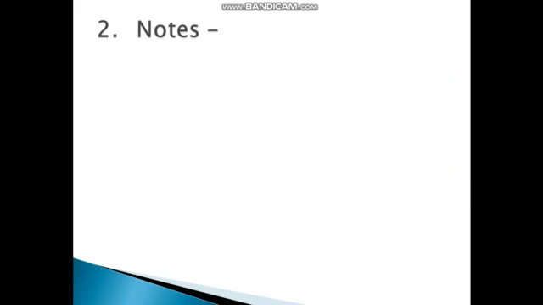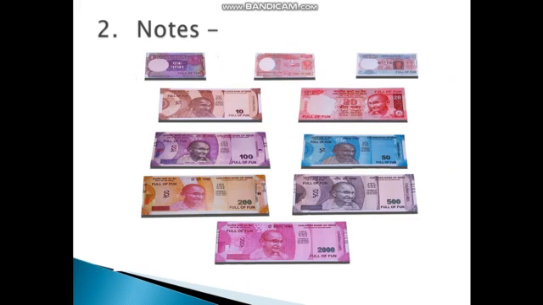Now we will talk about the notes that we are using. We have 1 rupee note, 2 rupees note, 5 rupees, 10 rupees, 20 rupees, 50 rupees, 100 rupees, 200 rupees, 500 rupees, and 2000 rupees. These are called denominations of the notes. So these are the denominations that we are using.